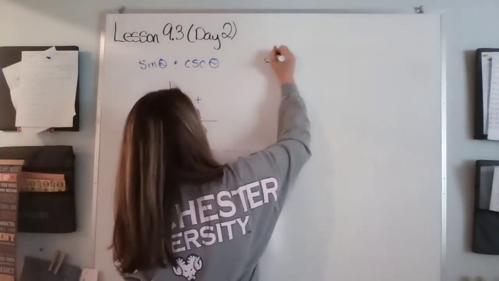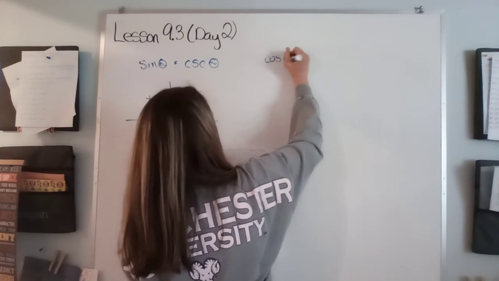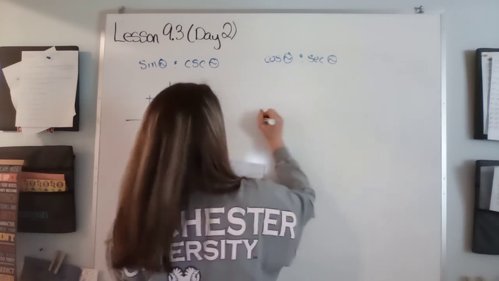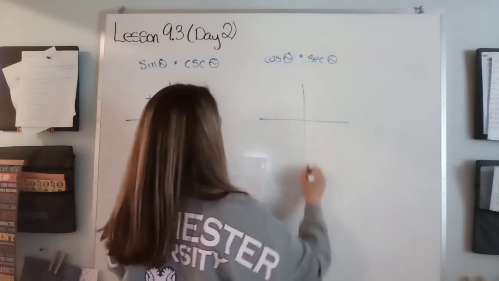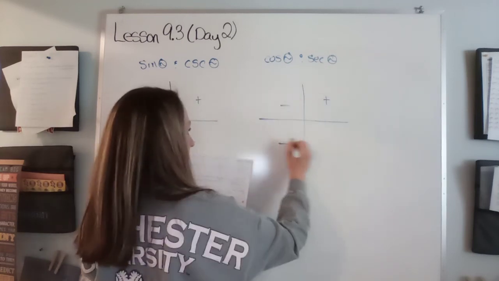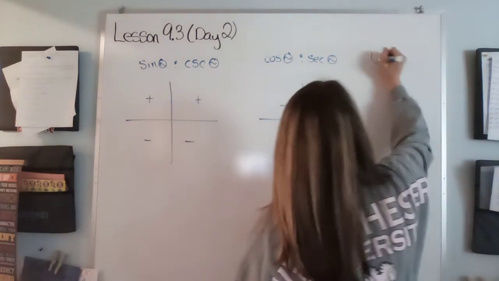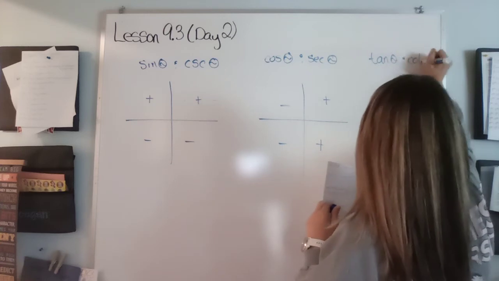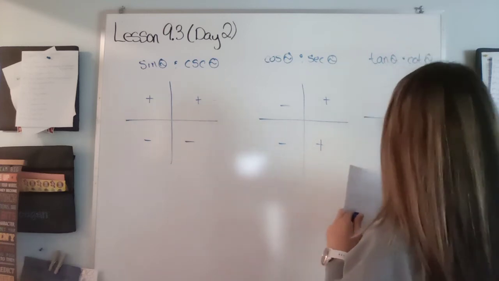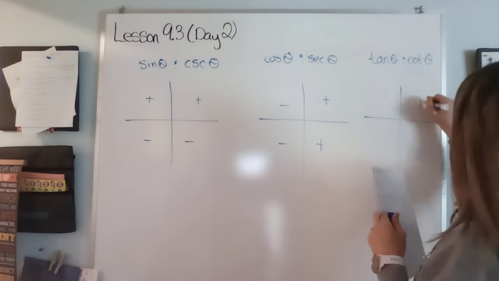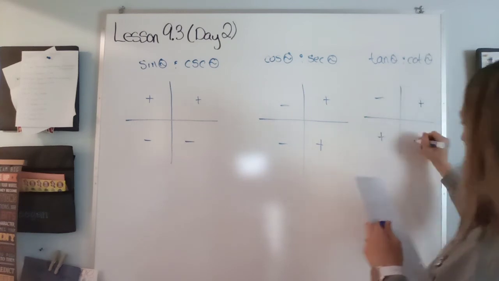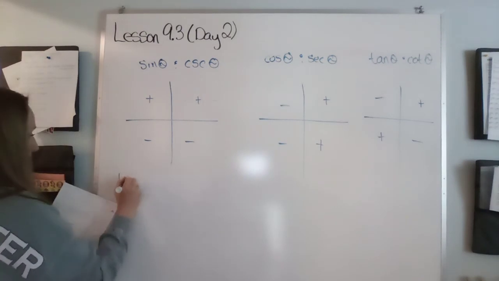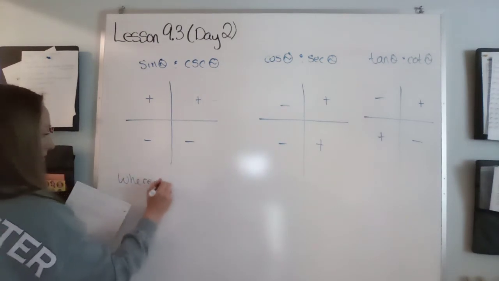For cosine theta and secant theta, positive, negative, negative, positive, and then tan theta and cotangent theta, they're going to be positive, negative, positive, negative.